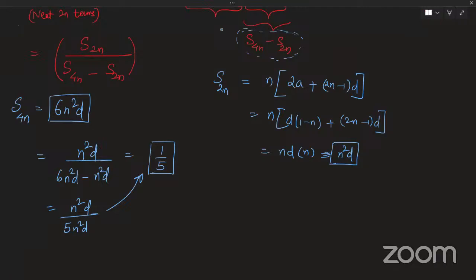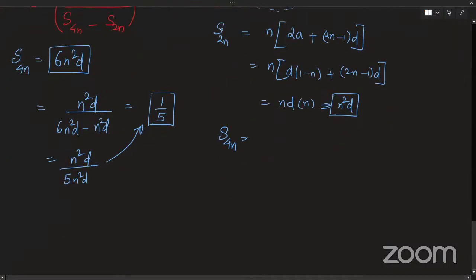I hope the rest of everything is clear. How did the 6n square come? Okay, you are asking about S of 4n.